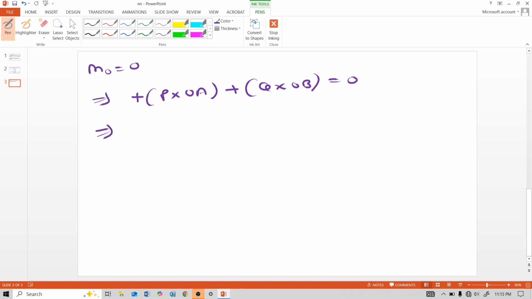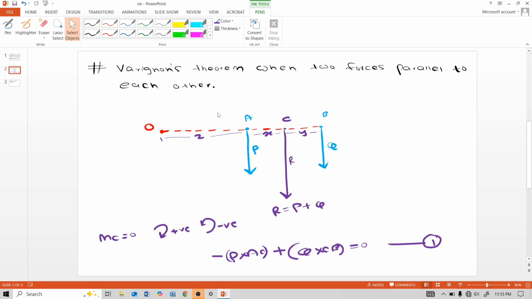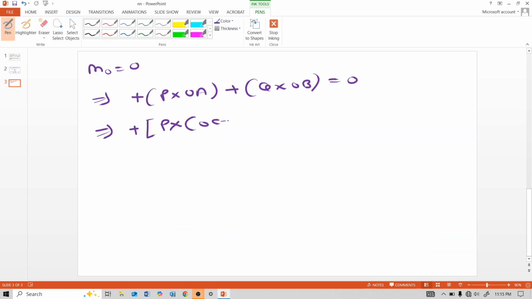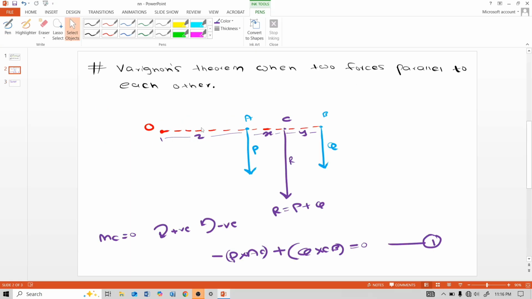P into OA is nothing but OC minus AC, plus Q into OB. OB is nothing but OC plus CB.